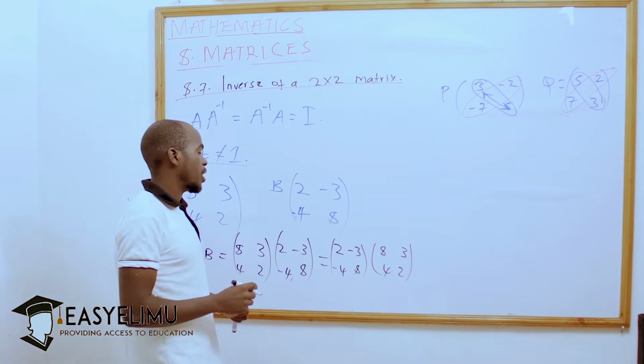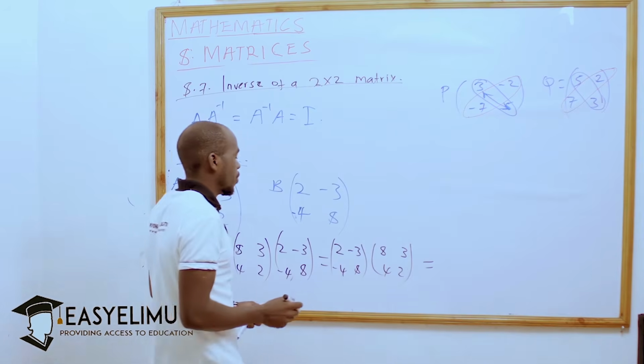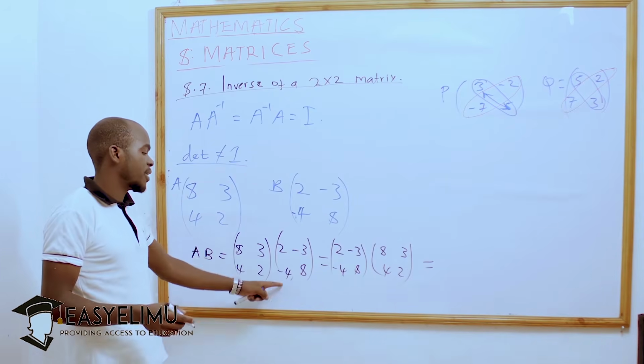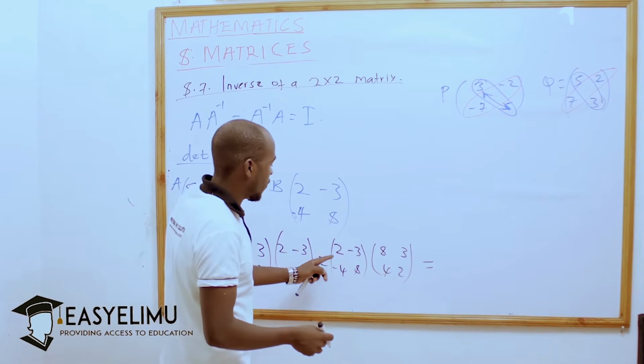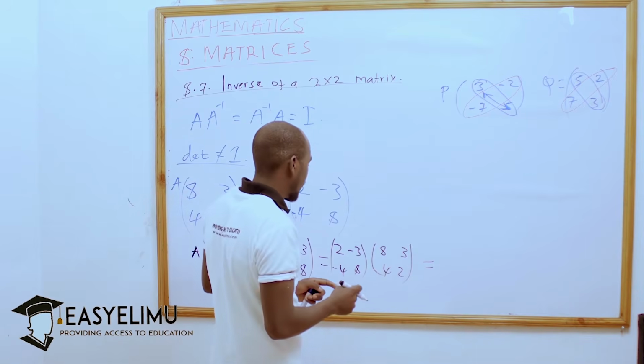It should be equal. So we can start either from this side or from the other side, and we shall find they are equal. If you take 2 by 8, you will find 16.